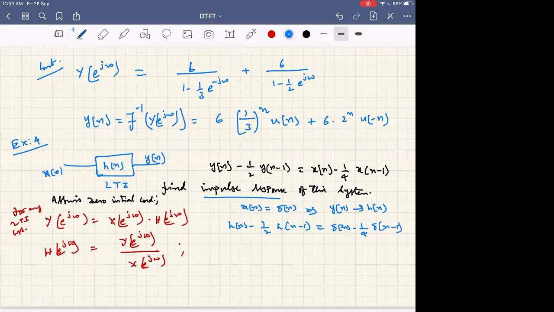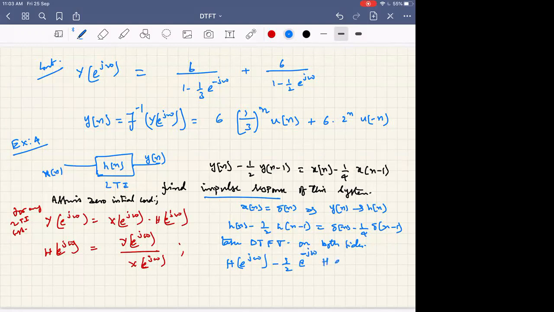Okay, so what is its Fourier transform now? Take the discrete time Fourier transform on both sides. What is the discrete time Fourier transform? H of e power j omega, times, what should I get? e to the power minus j omega.